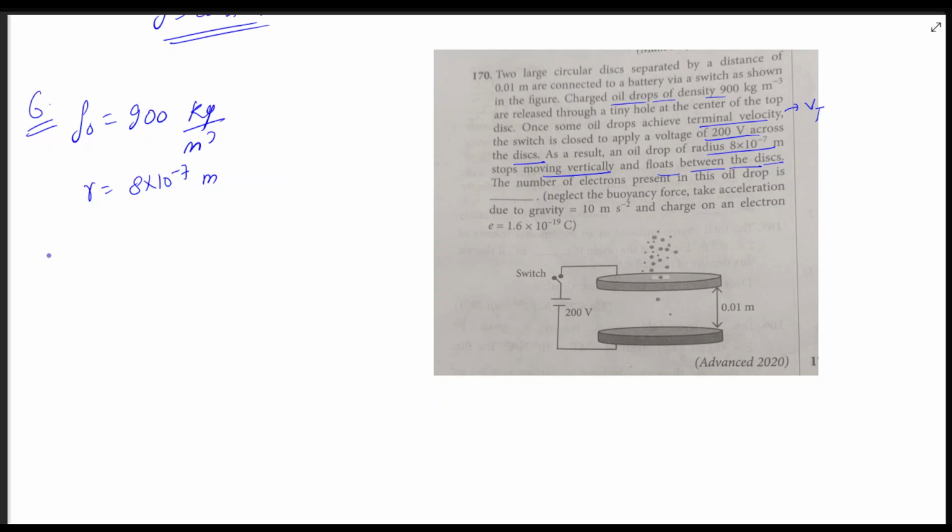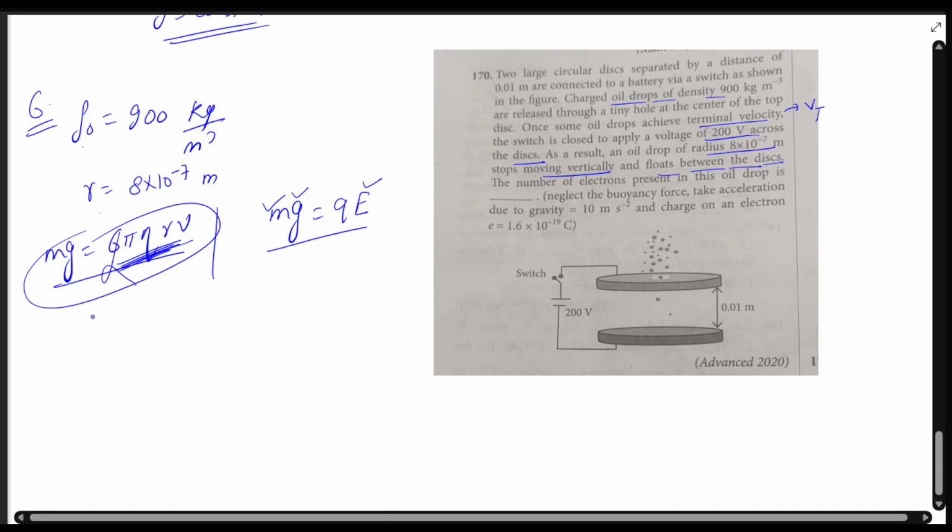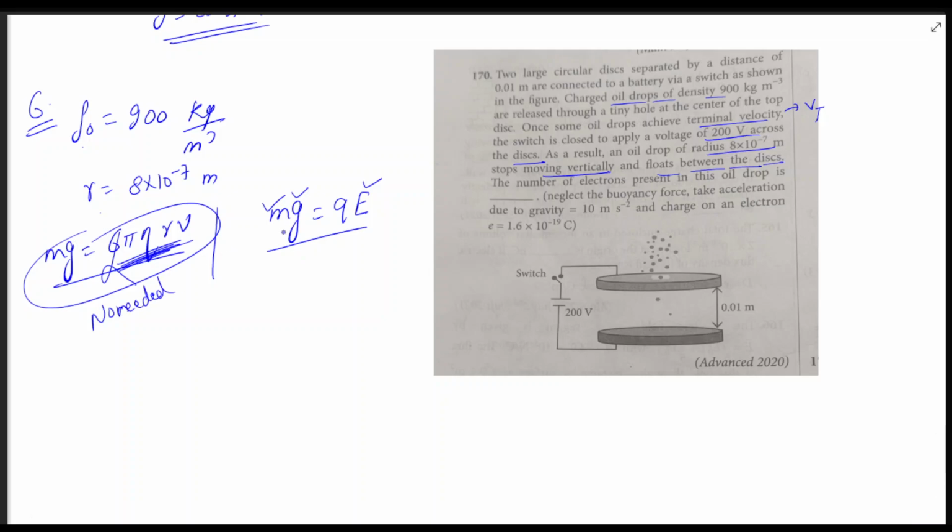So initially we have mg equal to 6 pi eta r v. Then if it stops there will be no viscous force, so mg will be equal to qE simply, right? Now buoyancy is not given, we have radius and density, we can find mass, g is given, electric field. Okay, so we do not need this. Let's just use this.